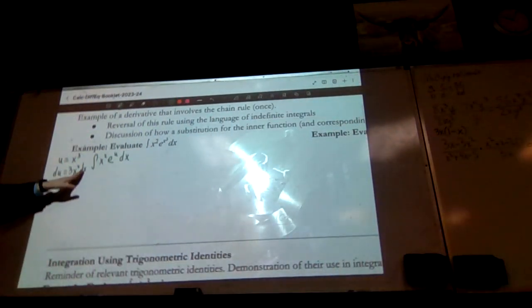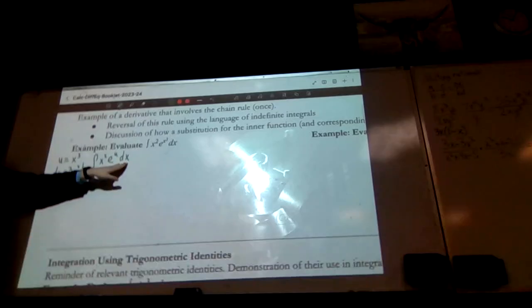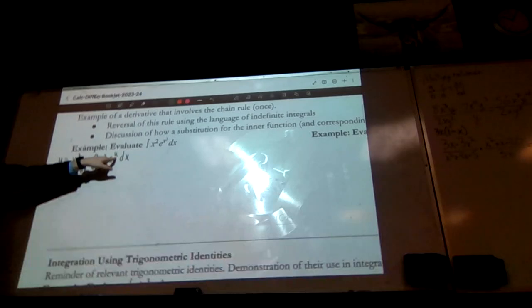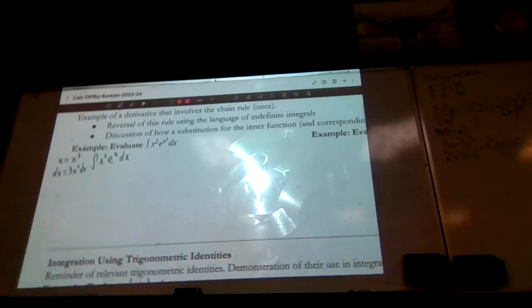I need to solve for dx, because that's what I'm going to try to replace. What do I want to replace dx with? Du. Because in order to integrate u, I need to have a differential of u. So I'm going to solve for that by dividing by 3x squared. I get that du over 3x squared equals dx.